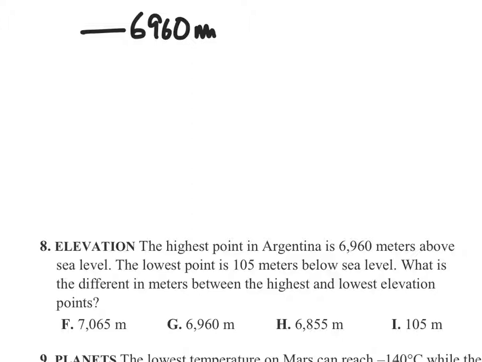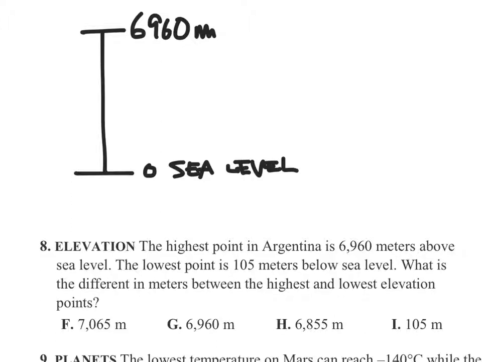Then if we go down to 0, we'll need to go down even farther, because that would be considered sea level right here. 0 is sea level. Well, we've got to go down even farther, another 105 meters, which is below. So that's kind of like a negative right there.